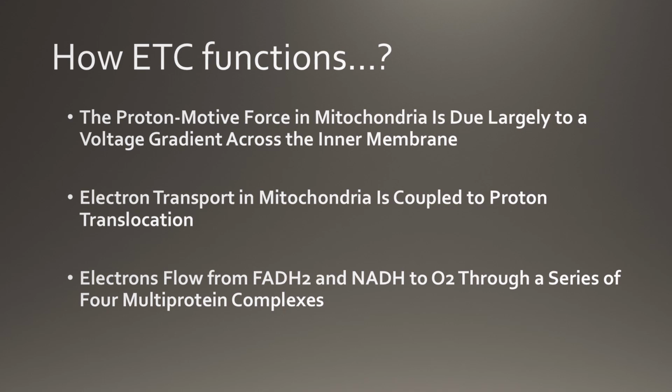The relative contribution of the two components of the total PMF depends on the permeability of the membrane to ions other than protons. A significant voltage gradient can develop only if the membrane is poorly permeable to other cations and to anions, as in the inner mitochondrial membrane. So in this case, the developing voltage gradient soon prevents further proton movement, so only a small pH gradient is generated.